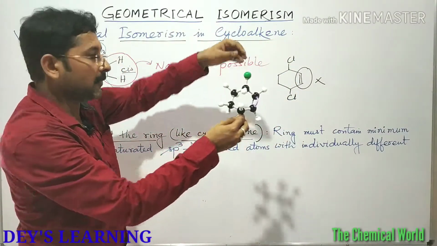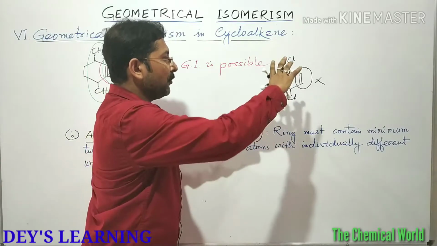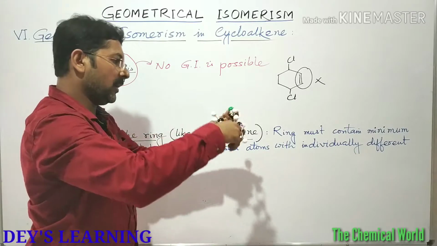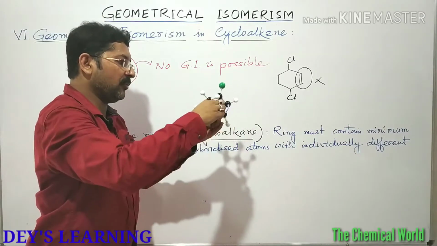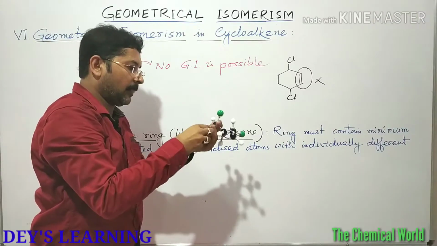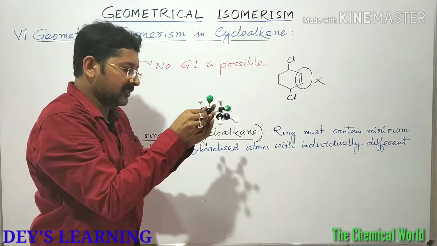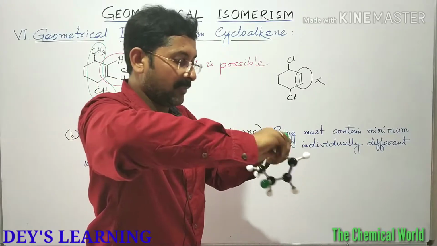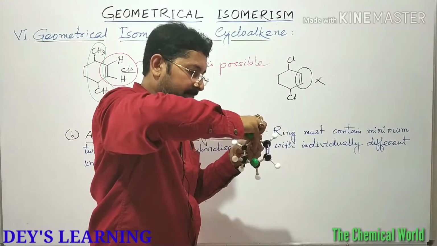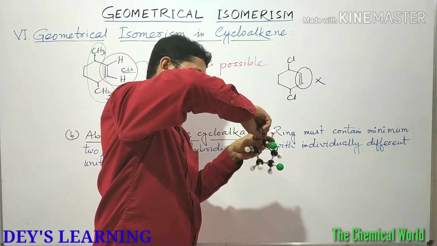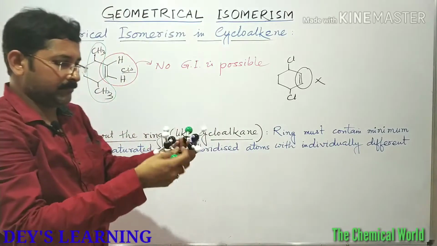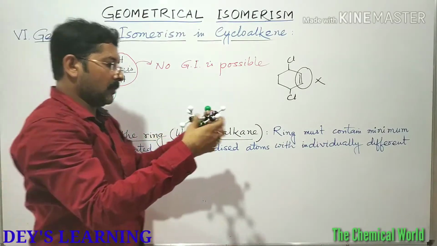cyclohexane ring also. Look at here, two Cl atoms are in opposite directions, so it is actually trans, and when the Cl atoms are in the same direction, the same side, this is cis. This one is cis. Look at here.